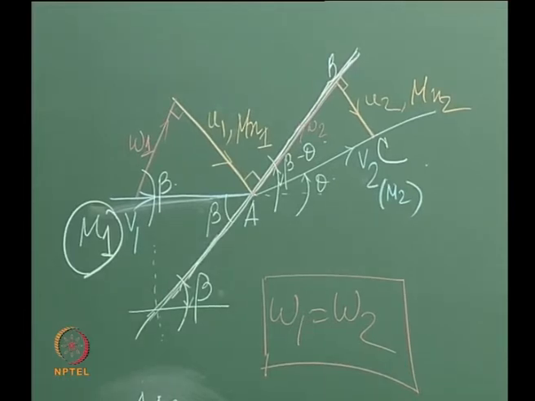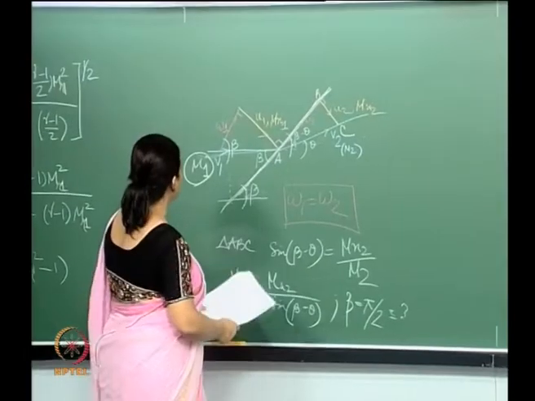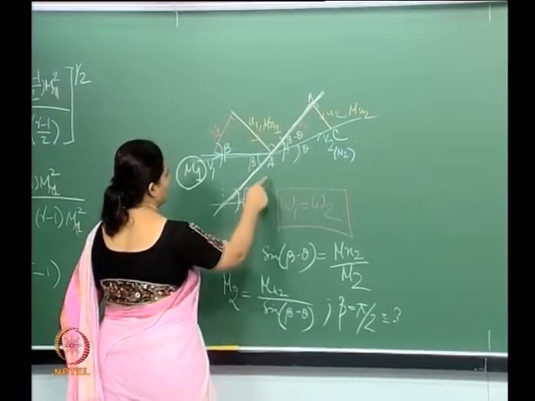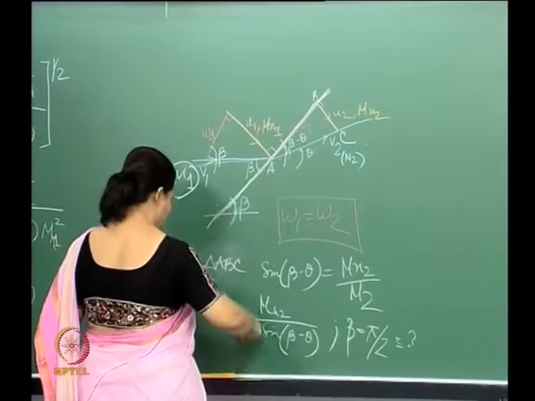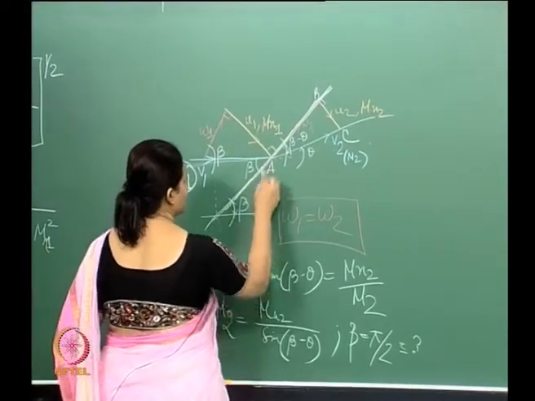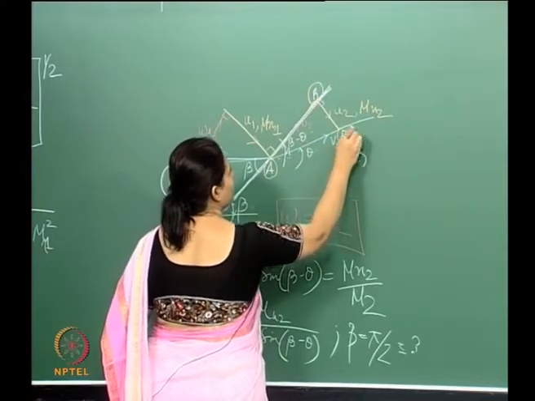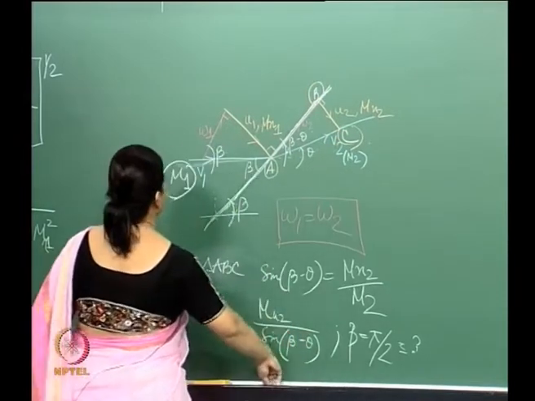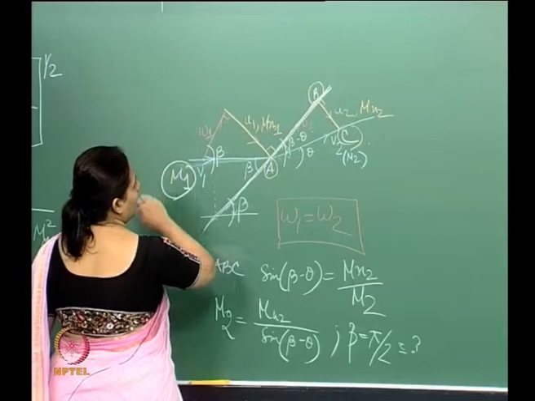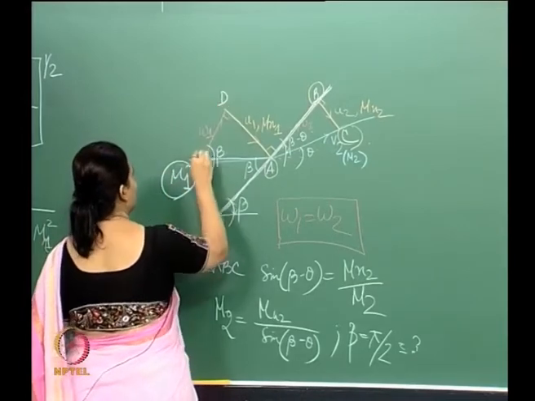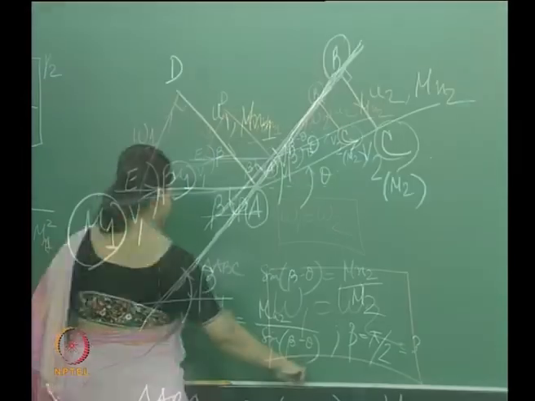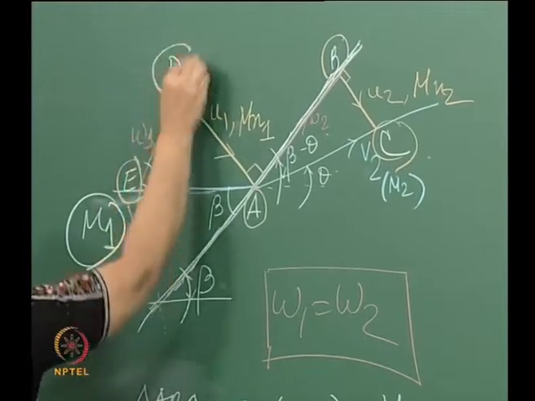So if I do this, let us do some geometry here. Let's call this ABC, and let us just name our triangles. So A, B, and C, and let's call this say D and E.